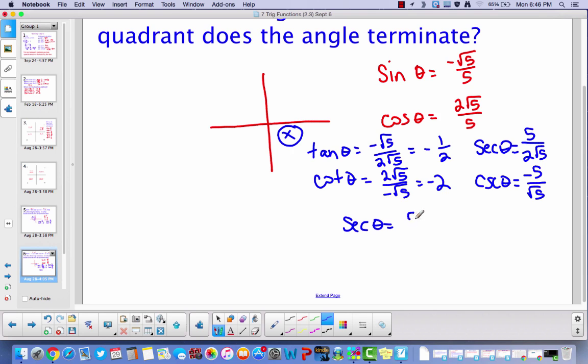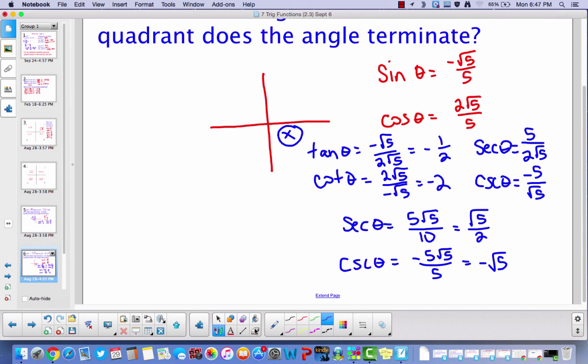So that becomes 5 times the square root of 5 over 10, which simplifies to the square root of 5 over 2. Cosecant, when we rationalize, becomes negative 5 times the square root of 5 over 5. When we simplify, it becomes a negative square root of 5.